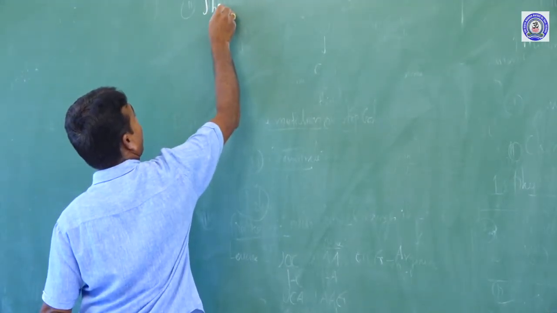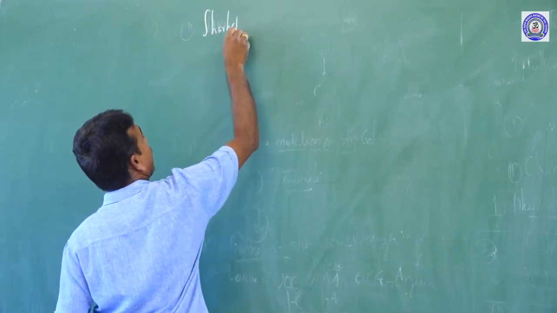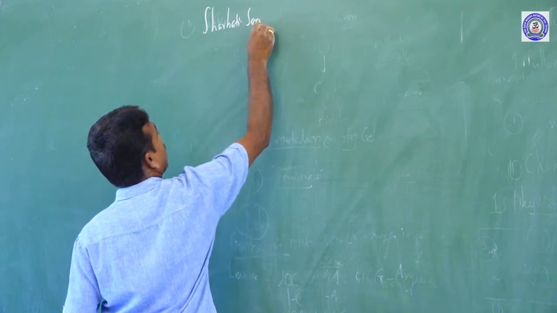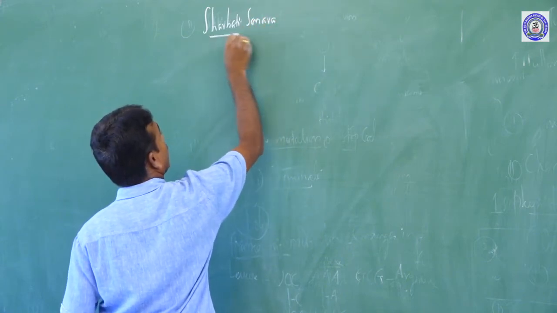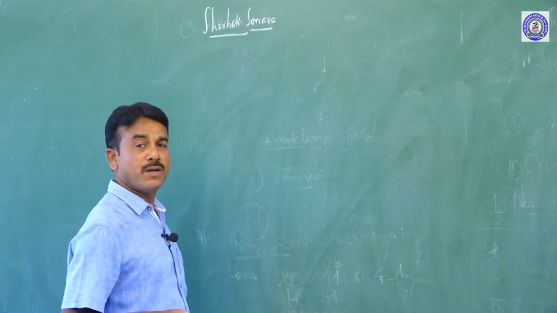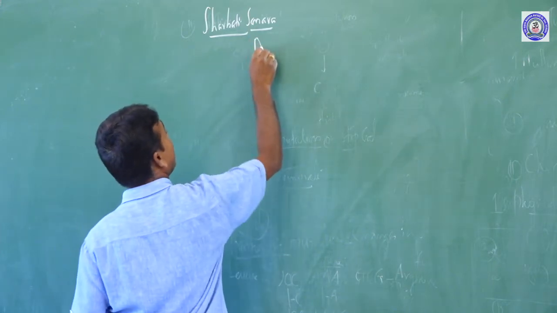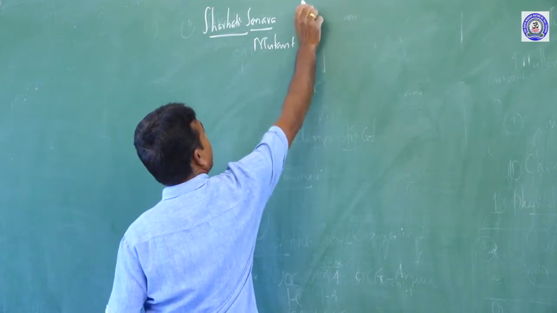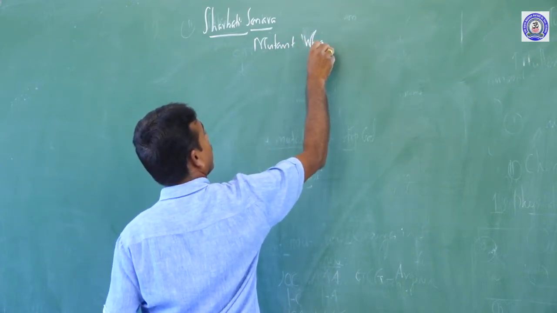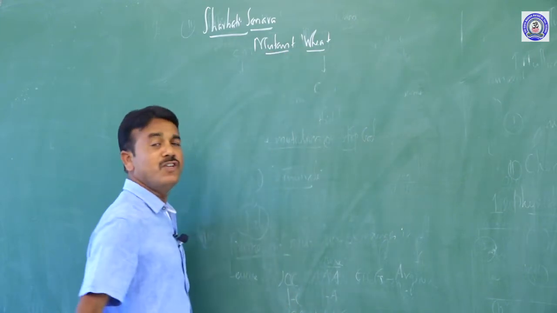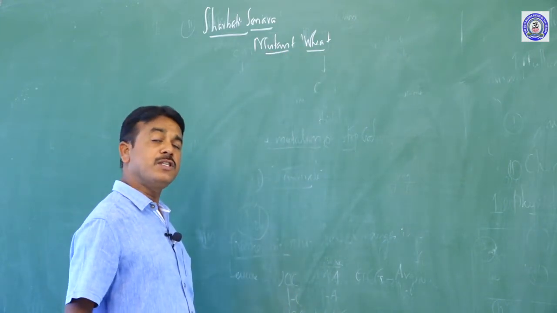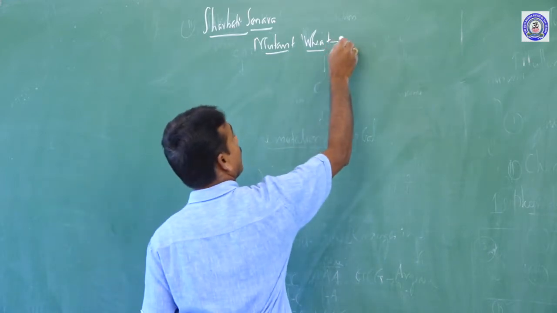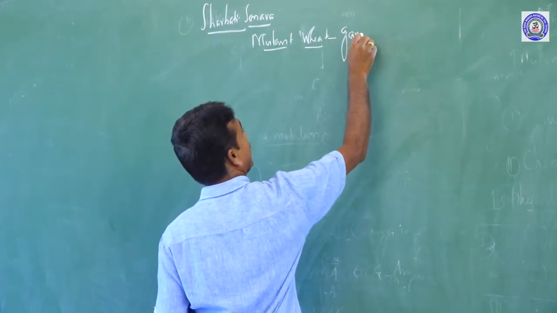Sarbati Sonora is a mutant wheat variety, which was developed using gamma rays.